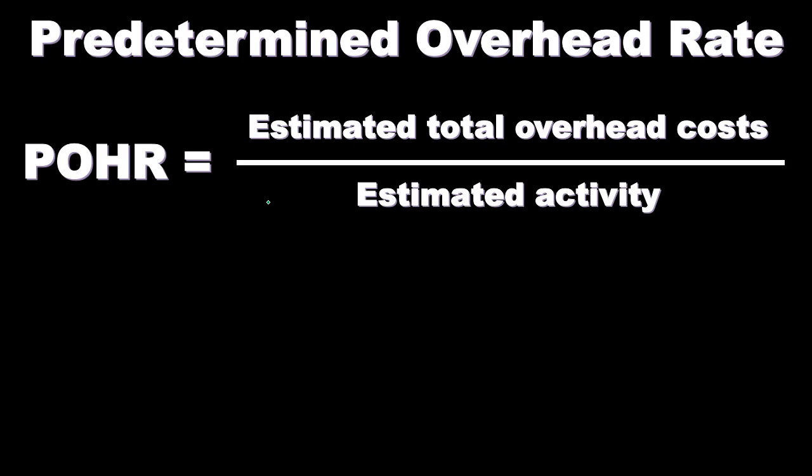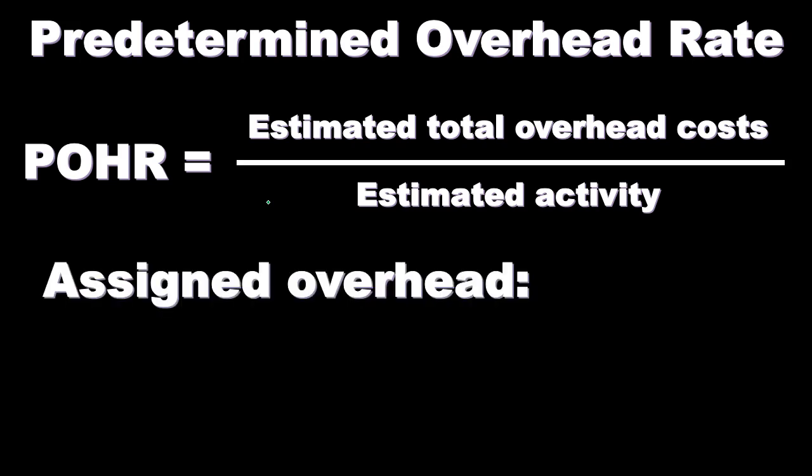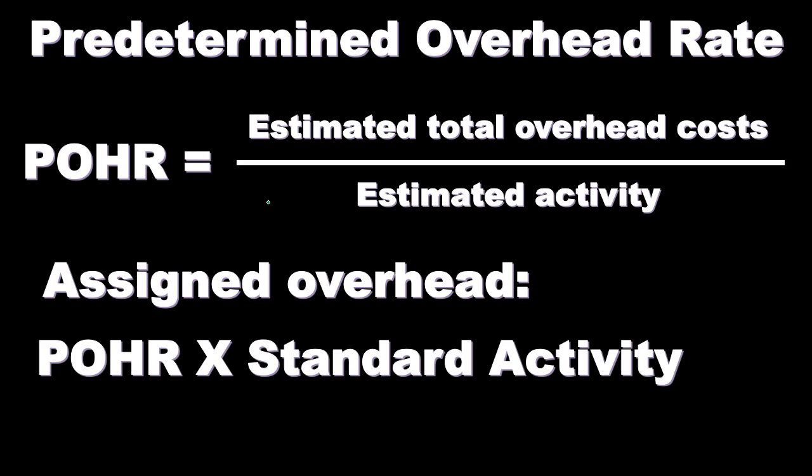We'll use this predetermined overhead rate then to allocate the overhead or estimate the allocation. The assigned overhead will be the predetermined overhead rate times the standard activity. So the standard activity times the predetermined overhead rate is what will be assigned with regards to overhead.